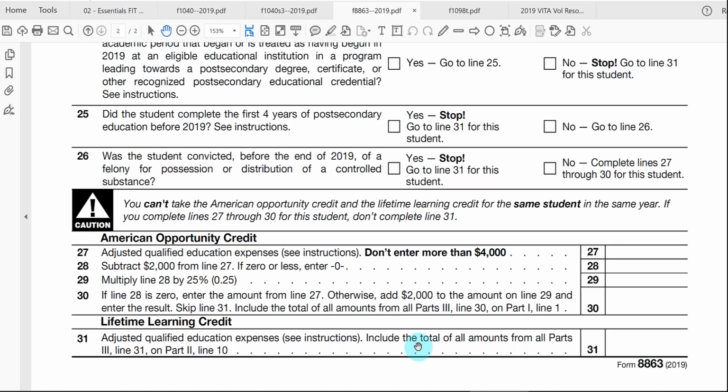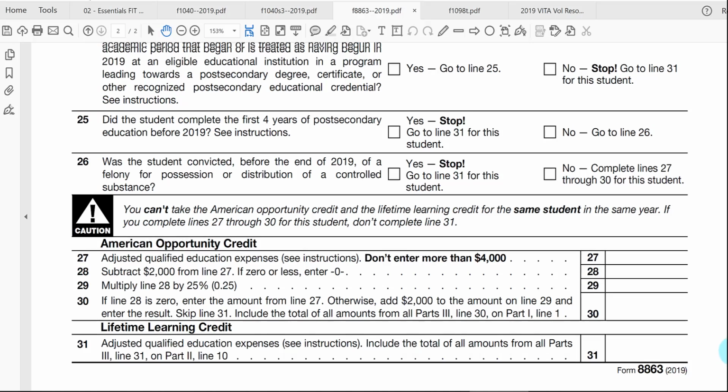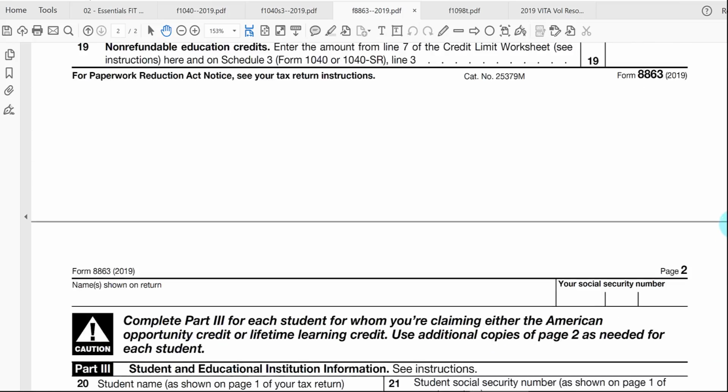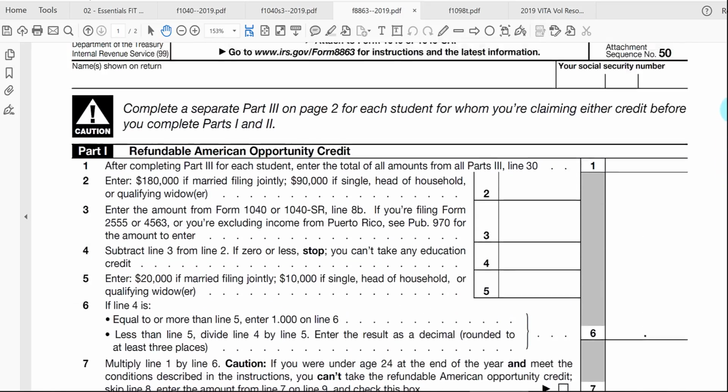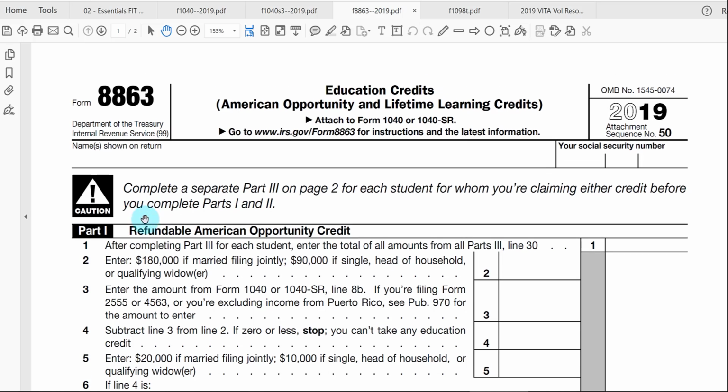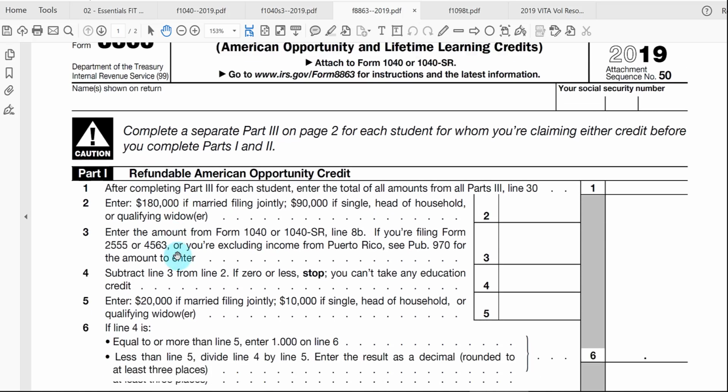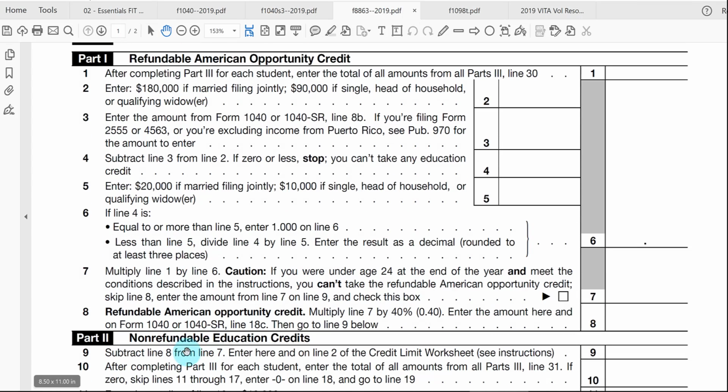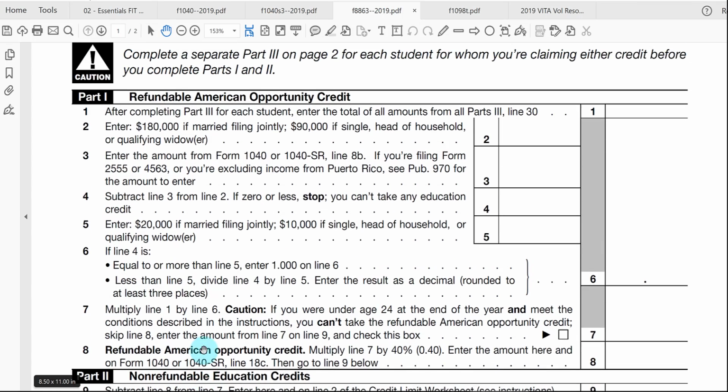If you read the instructions here, it'll tell you to re-enter the amounts on the front side of this 8863 form. The top part of this form deals with the American Opportunities credit, and we're going to divide it into two parts. One part is the refundable, the good type of credit, and the other part is the non-refundable part that eventually is going to be combined down here with the lifetime learning credit.